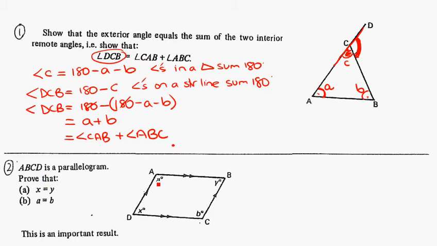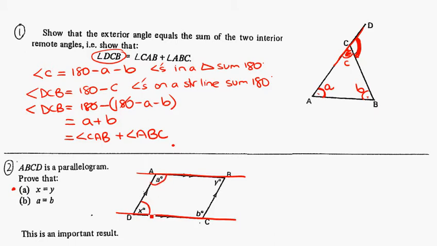Okay, question 2. ABC is a parallelogram, I can see that. Two pairs of parallel sides. Prove that x and y are the same and A and B are the same. Well, we'll just start with one of them. Now, always with parallel lines we've talked about extending the parallel lines to make them obvious, so let's just start with that pair.